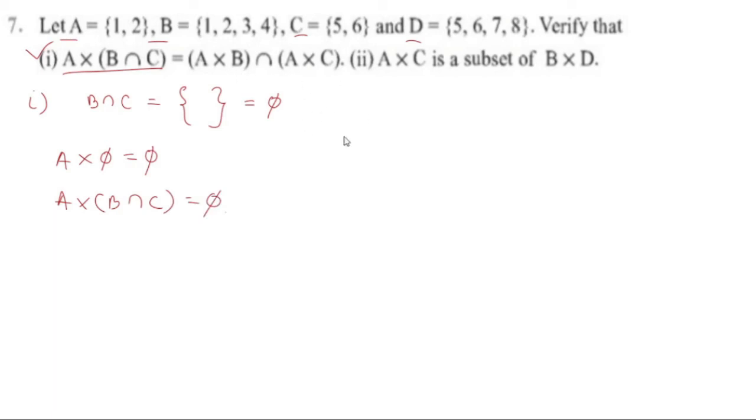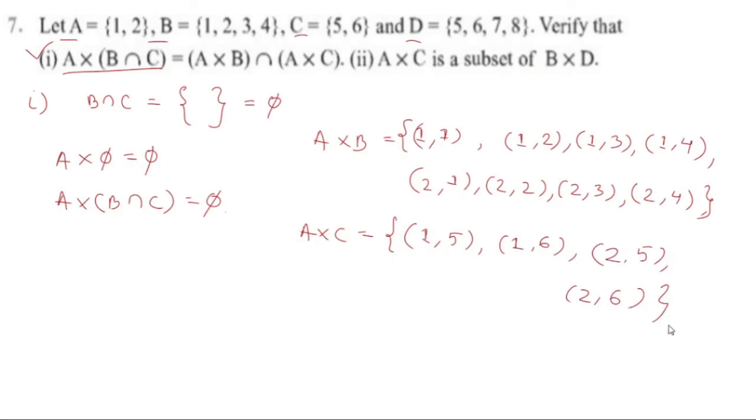Now we have to find A cross B. You can see here A cross B will be this set and A cross C will be this set.